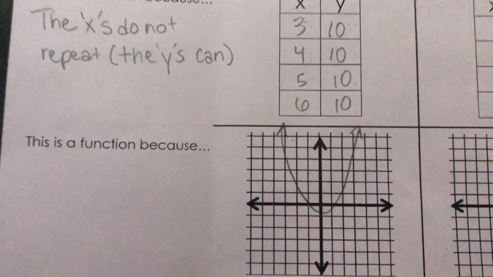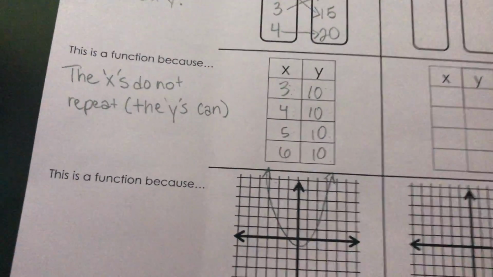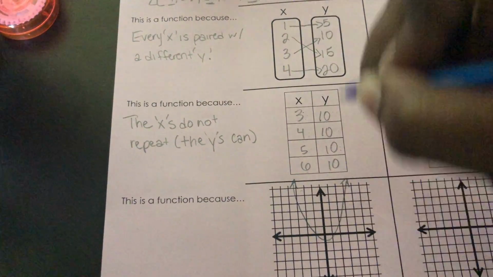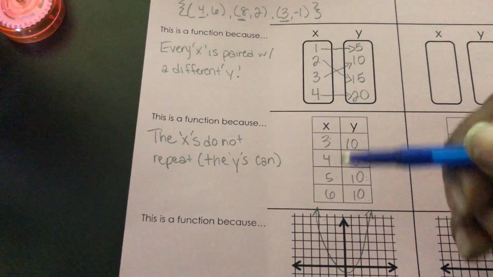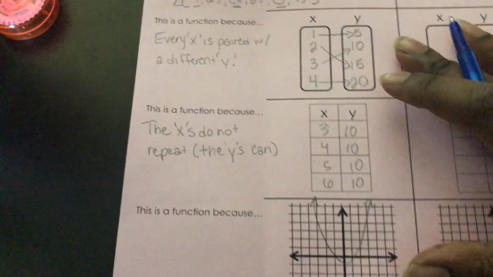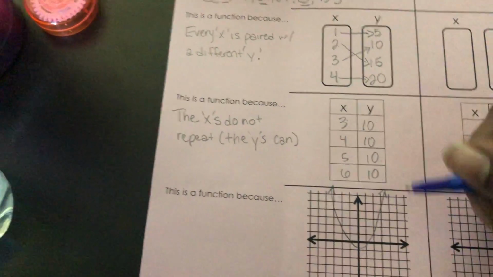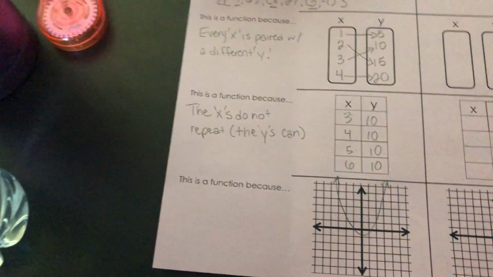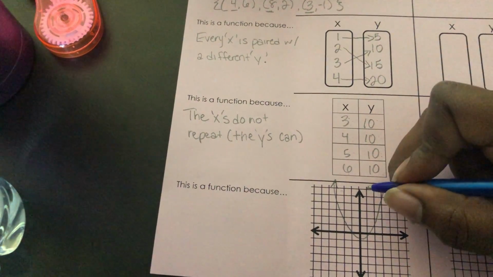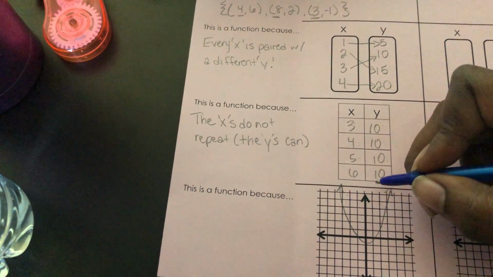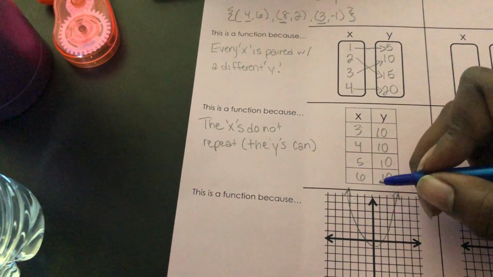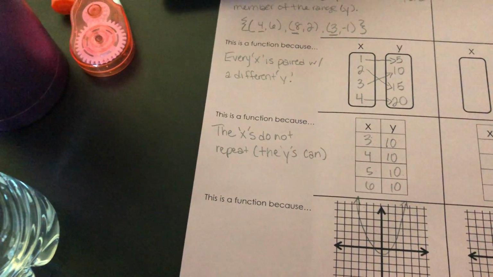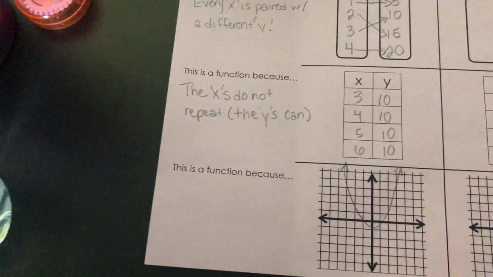How we can figure this out is by doing something called the vertical line test. If you remember, a vertical line is a line that goes straight up and down. I'm just doing this in a different color; you don't have to, you can just use your pen, but I want to make it obvious what a vertical line test is. With a vertical line test, if you put a vertical line anywhere through your picture, your vertical line can only pass through the picture one time.